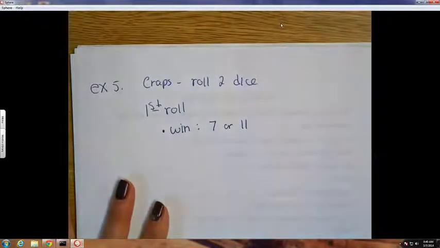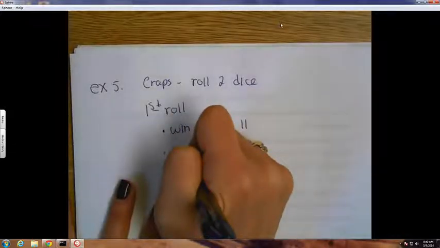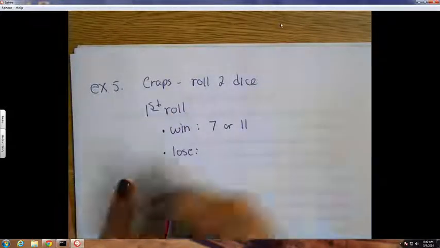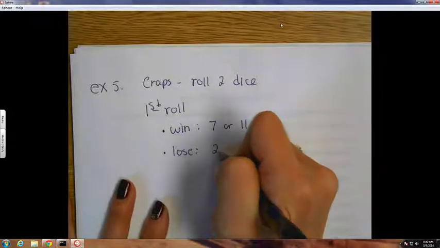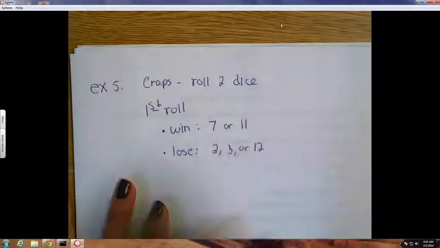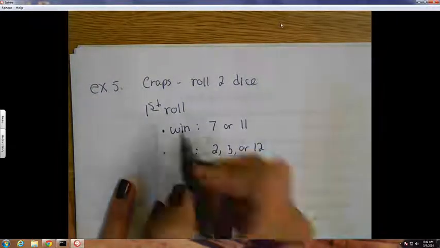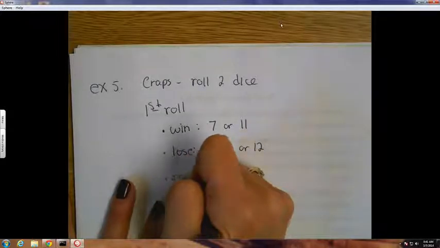You will lose if you roll a sum of 2, 3, or 12. Game's over, they take your money. Otherwise you get to roll again.